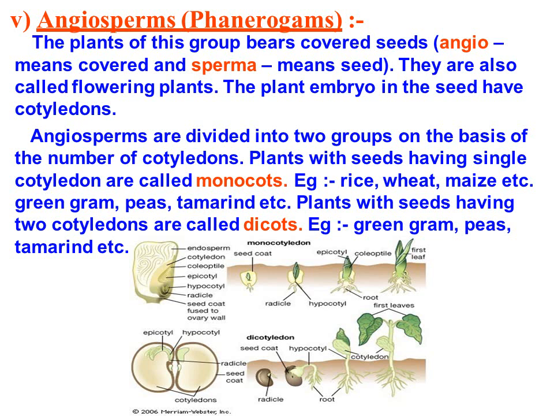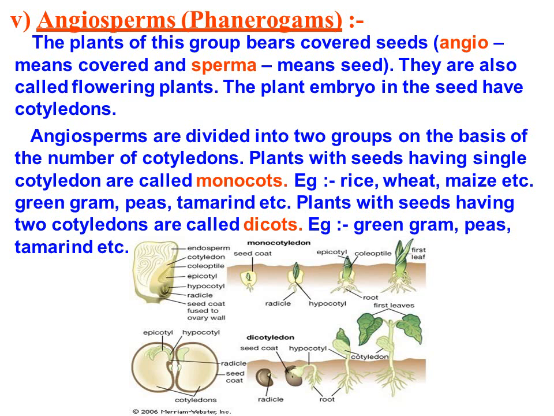We can see the flower. The plant's embryo in the seed has cotyledons. Cotyledons means coverings. Okay, so we will talk about cotyledons also. So in a simple way, we can say that all other forms of plants in a plant flowchart lack flowers, but in angiosperm flowers are present.